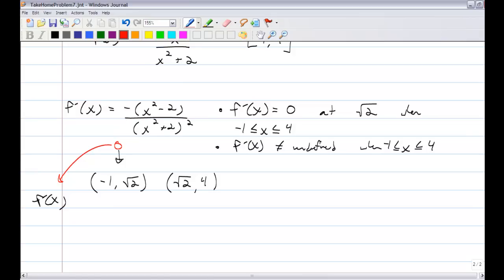So I go to my table, I plug it in. Well, into my table, I guess I need to put the derivative. So I'll copy that, my 89, I'll paste it in here. Okay, so 0, I get a positive result.